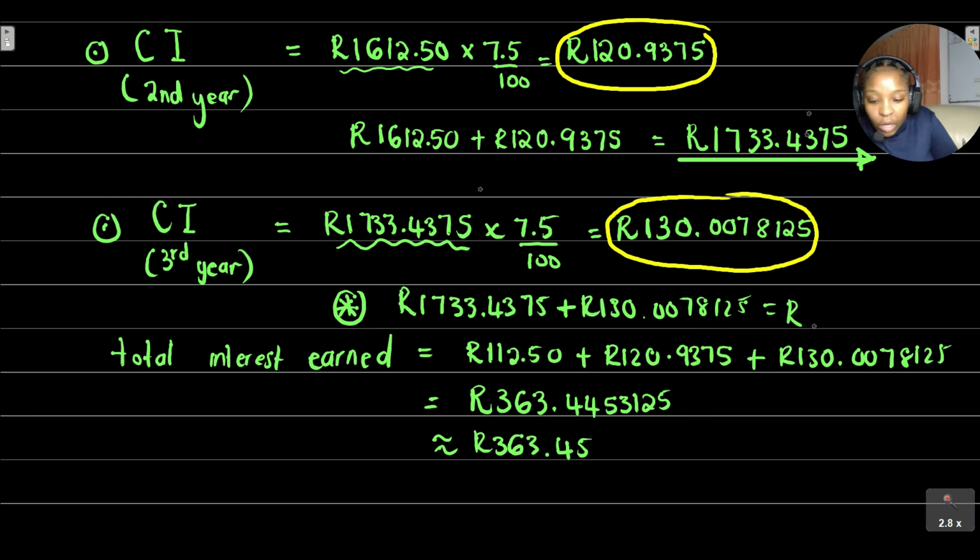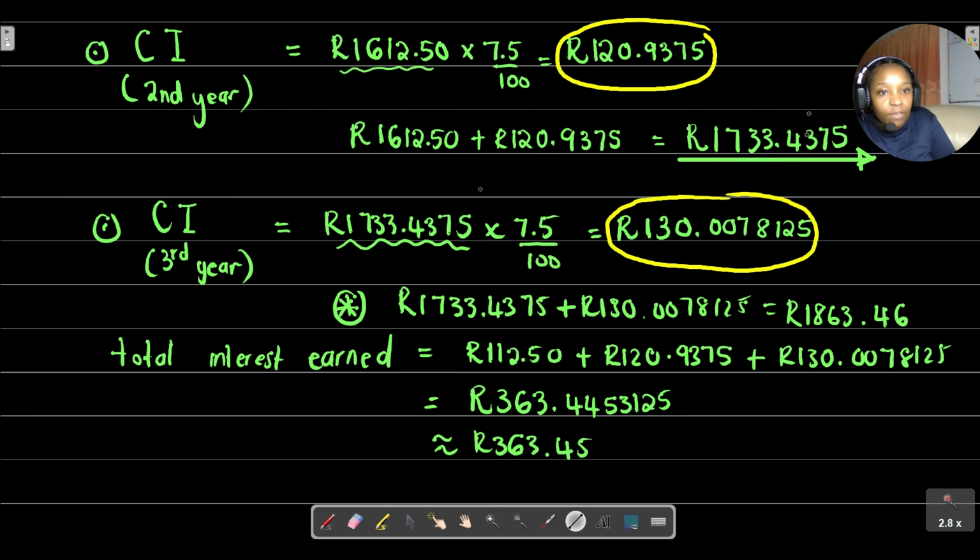At the end of your investment period, how much you will have in this investment account will be 1,863, I'm just going to round it off to two decimal places, 46. So that's basically how much you would have.